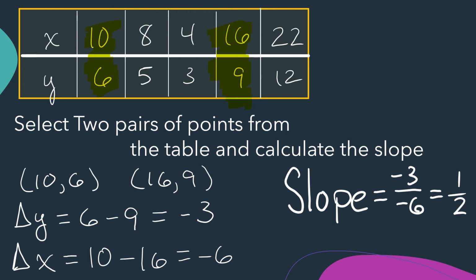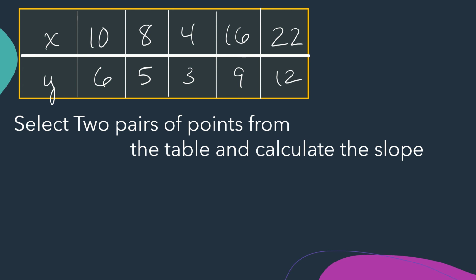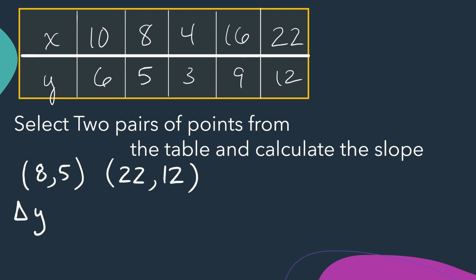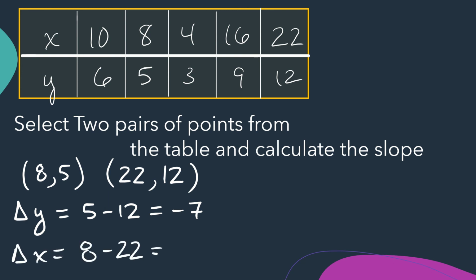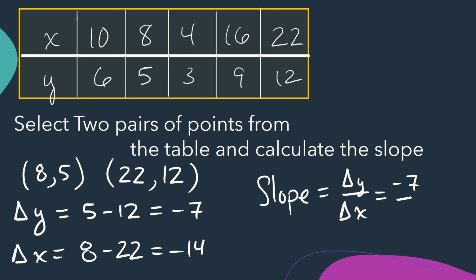You should have gotten that for any pair of points you selected, even if you selected these points. So make sure that if you didn't get a slope ratio equal to positive 1/2, you take a look at your work again and verify that there's not a mistake.